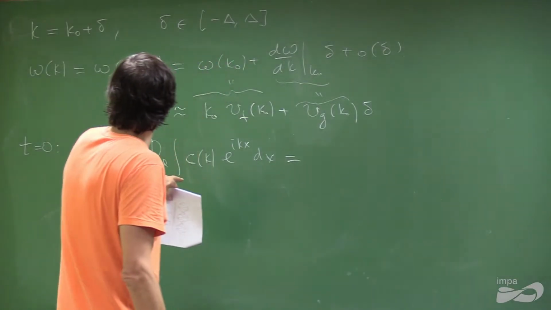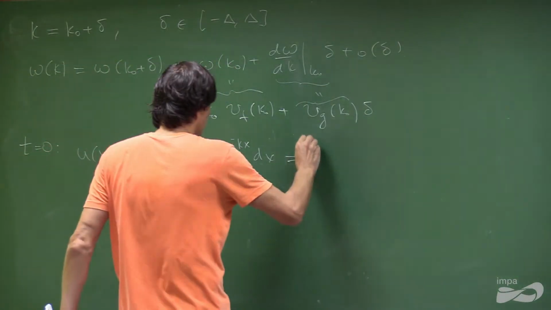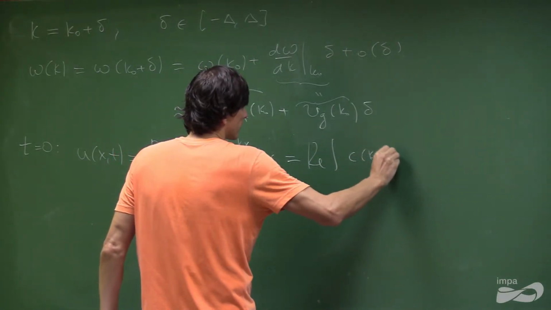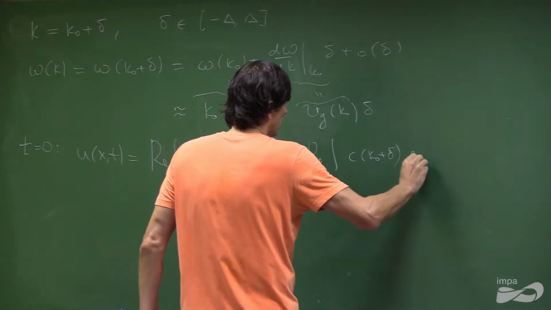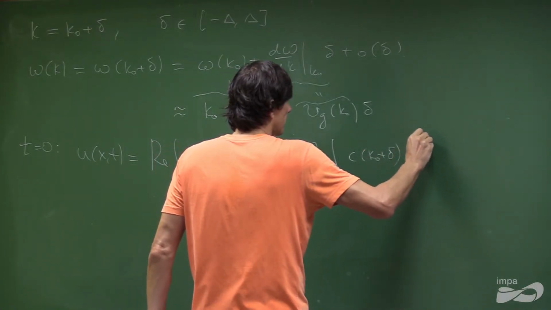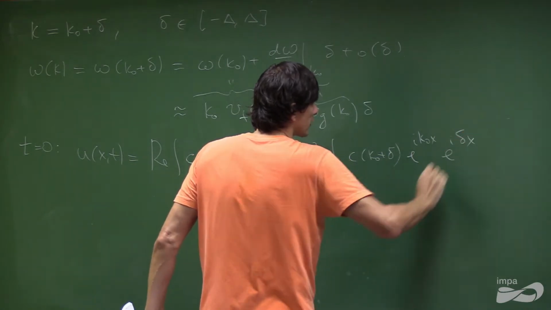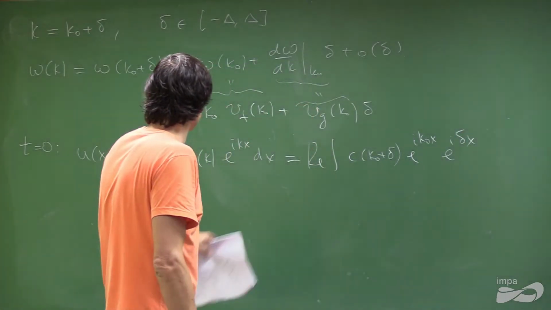And now let's write k in this sum. It can be the real part of the integral of c(k0 plus delta) exponent i k0 x exponent i delta x. This is the k.